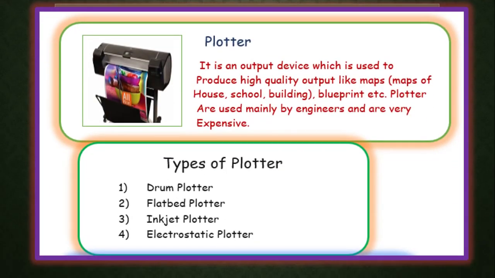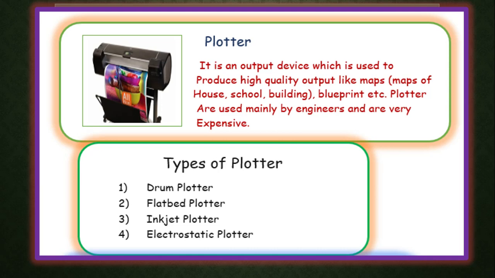So next output device is a plotter. It is an output device which is used to produce high quality output like maps of a house, school building, blueprints, etc. Plotters are used mainly by engineers and are very expensive. A plotter is similar to a printer, but it is used when we want high quality output.